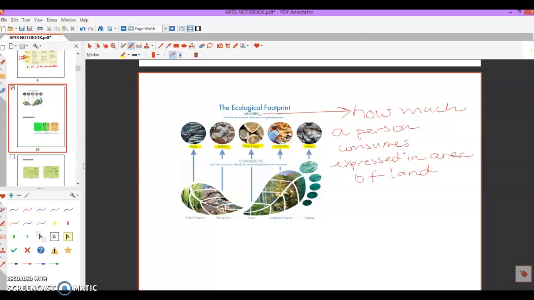Okay, so you are going to be calculating your ecological footprint using an online tool that I have provided for you in your assignments, and you're going to do the quiz, and you're going to determine how you can help make your ecological footprint a little bit less than it is. So hopefully you guys understand this, and let's move on to you calculating your ecological footprint.